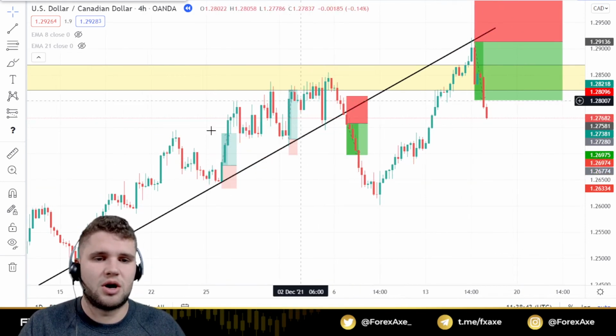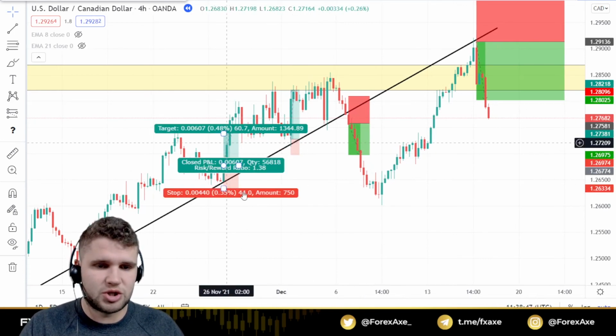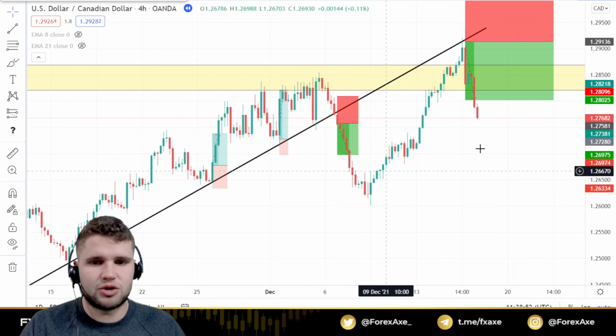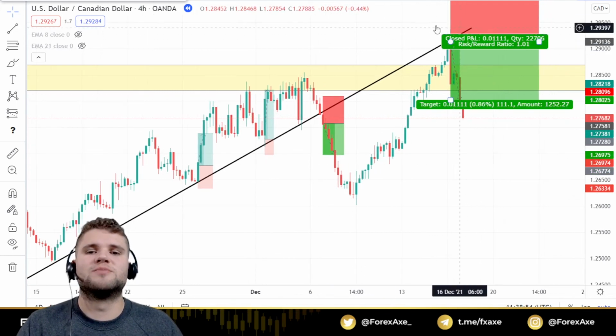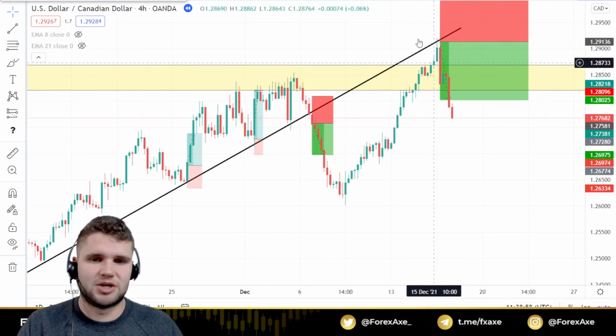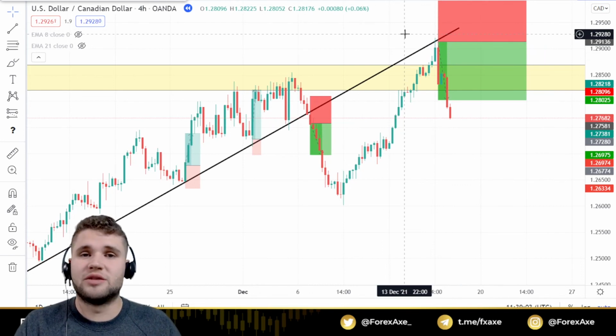Yes, these two are relatively similar setups, and you can see the strong bullish push we saw off this trend line. However, we used it once more as a break of structure, and then we used it once more as a retest as resistance. So that is how you can use trend lines in the Forex markets.